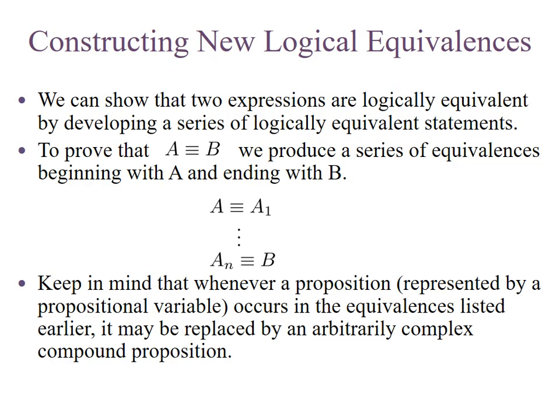Alright, so from this discussion, we can develop a series of logically equivalent forms to show that A is equivalent to B. If we can show A is equivalent to A1, A1 is equivalent to A2, and so on until An is equivalent to B, then by this series of logical equivalences, we can prove that A is equivalent to B. That's what I'm going to do next.